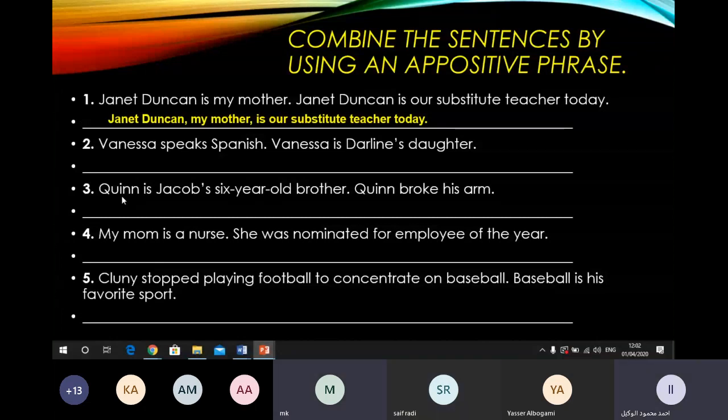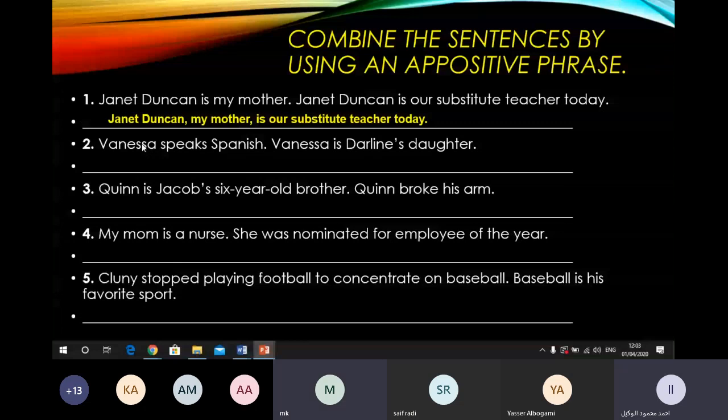Grade 7 teacher, the one Khalid says is exactly the one on screen right now. Yes, you can add it by modifying either the first independent clause or the second independent clause. So is it right? Yeah, it's right. We have here two independent clauses, Muhammad, right? The first one, Janet Duncan is my mother, is an independent clause, full information, full sentence.